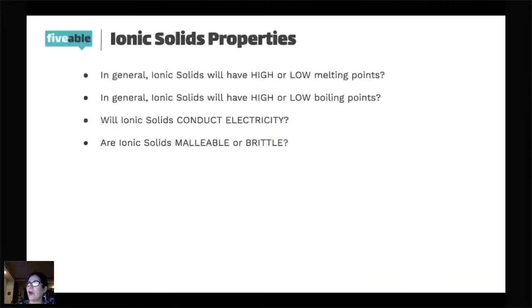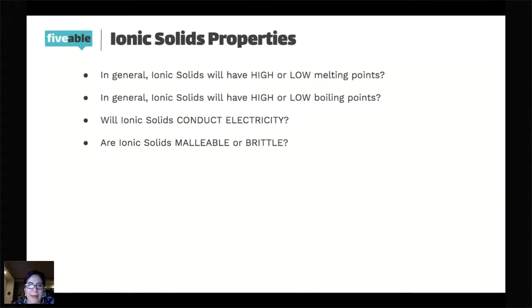Excellent. Okay, so now that we reviewed ionic solids, can you give me some of the properties? So in general, ionic solids will have high or low melting points. Think of the lattice energy. Will you need high temperatures to melt them or not really? Correct.